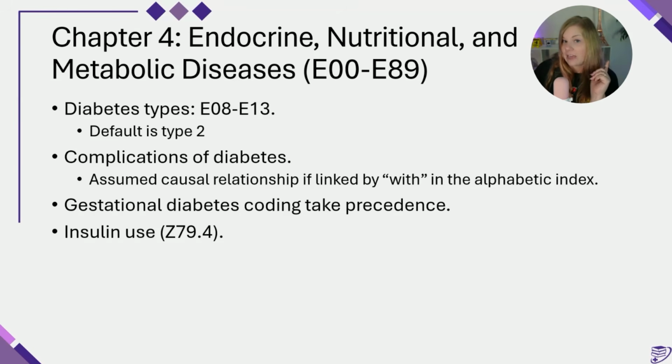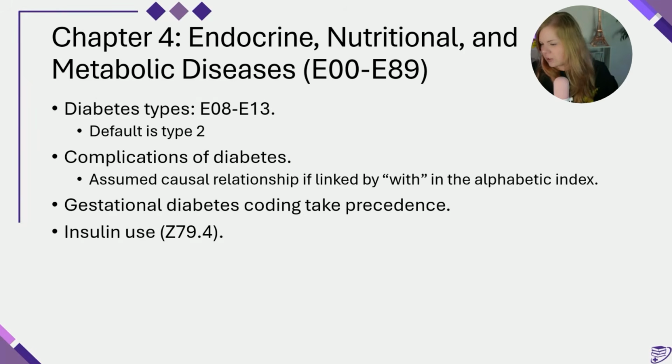But if the patient's on insulin, we can't forget to add Z79.4 for the long-term insulin use. It's really crucial to know how to code diabetes complications such as retinopathy and nephropathy, and also remember that gestational diabetes takes precedence over diabetes coding when we're coding for pregnant patients. So all those obstetric codes take sequencing priority.